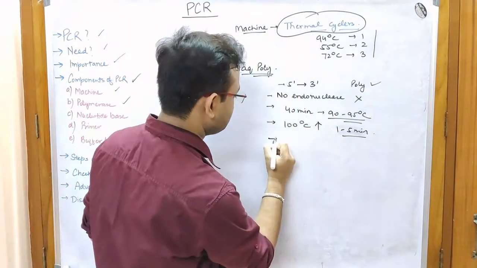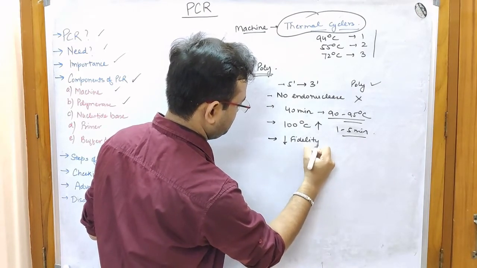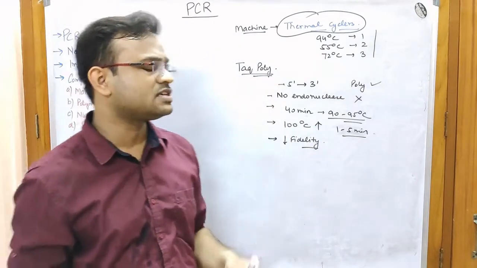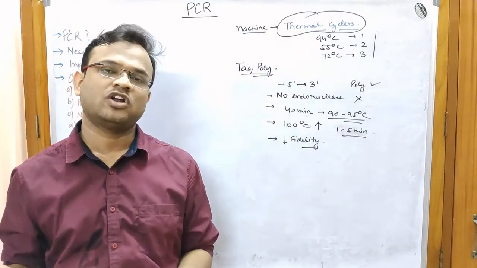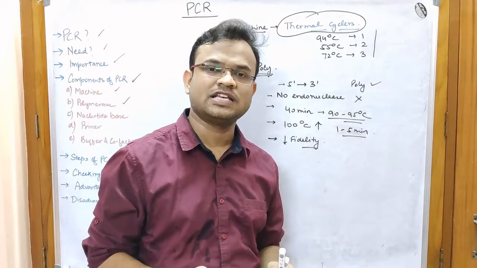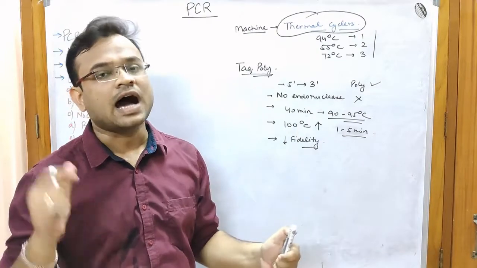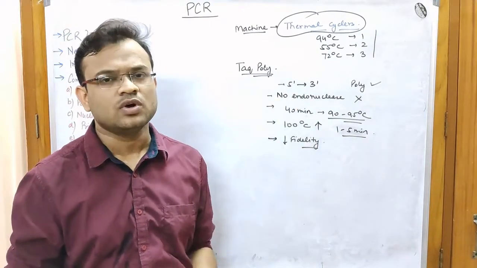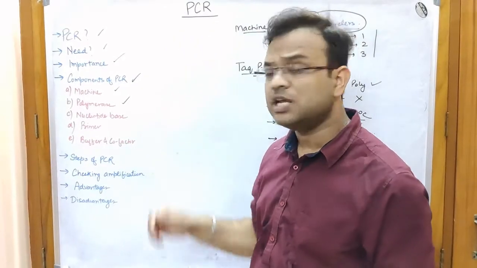So it has less fidelity. So these are the basic features of Taq polymerase. And when you talk about Pfu polymerase, we have already talked about it. It has a higher fidelity when compared to Taq polymerase, right? So this was all about the polymerase.